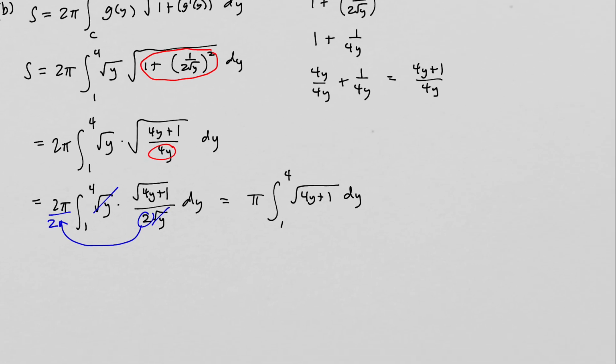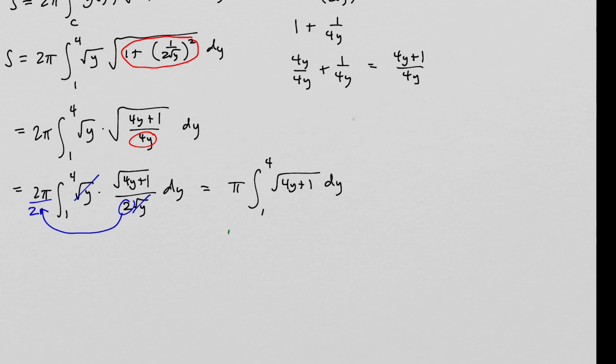And from here, we can just use a u substitution. So I'll let u equal 4y plus 1. du will be 4 times dy. So we'll go ahead and put a 4 in front of our dy here, and a 1/4 on the outside.